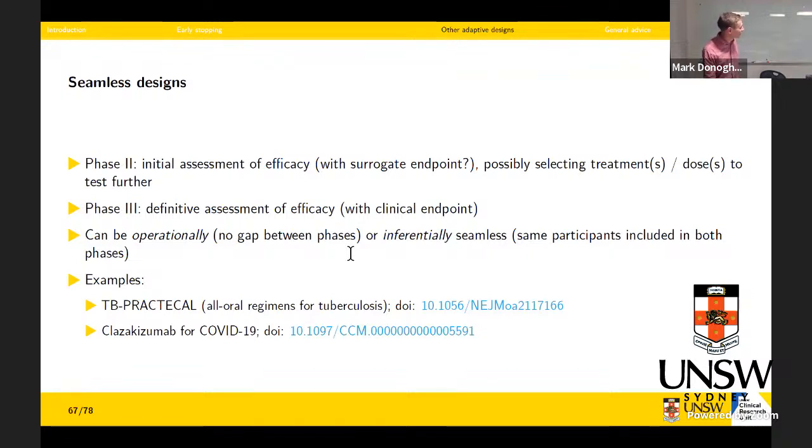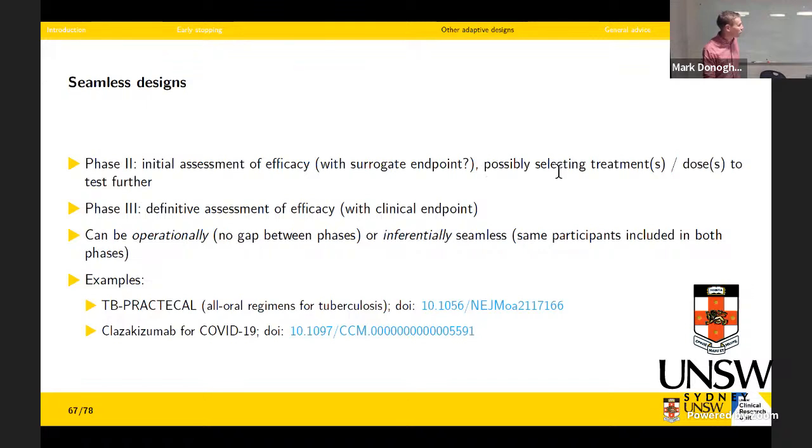Seamless designs are pretty neat. In clinical trials, especially, this is like where you combine a phase 2 study with a phase 3 study. So a phase 2 study might have like an initial assessment of efficacy, maybe with a surrogate endpoint that's quicker to collect than your main clinical endpoint.